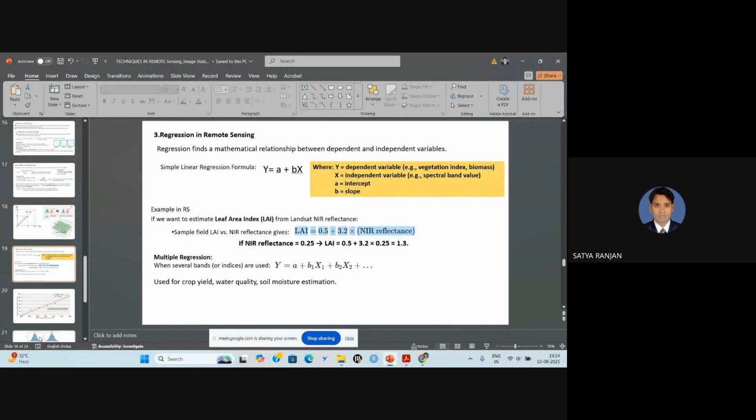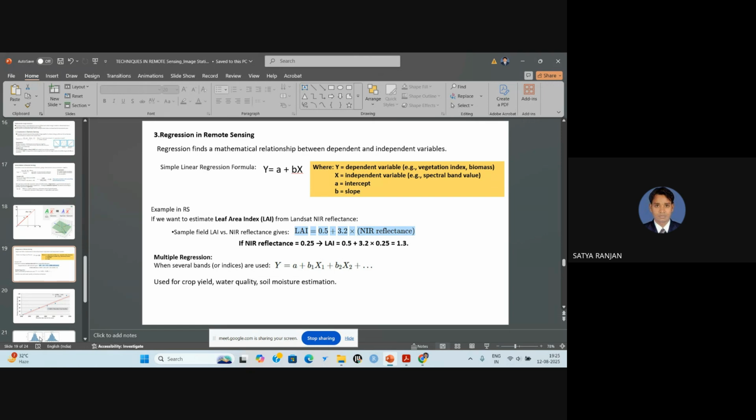Then regression in remote sensing. Regression finds a mathematical relation between dependent and independent variables. For example, the linear regression formula is y equals a plus bx, where y is the dependent variable, x is the independent variable, a is the intercept and b is the slope.